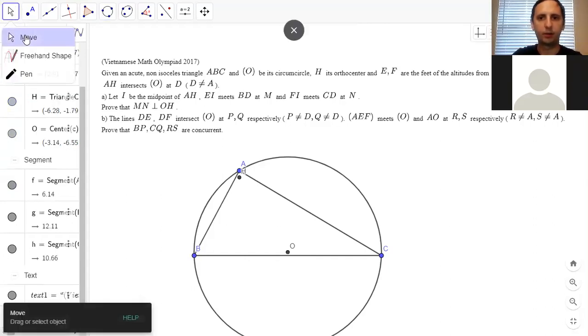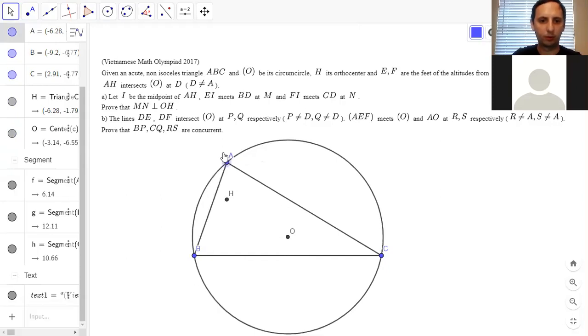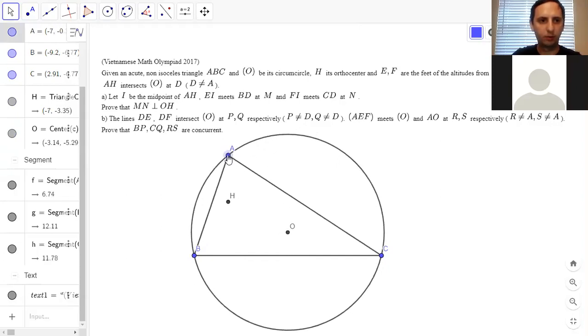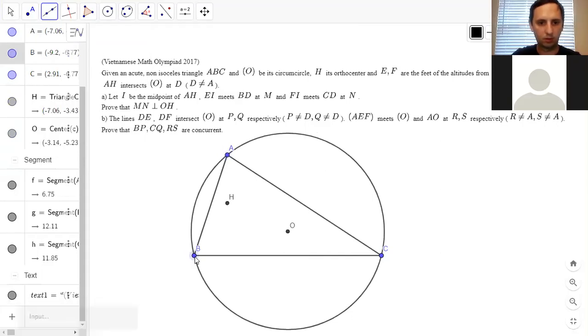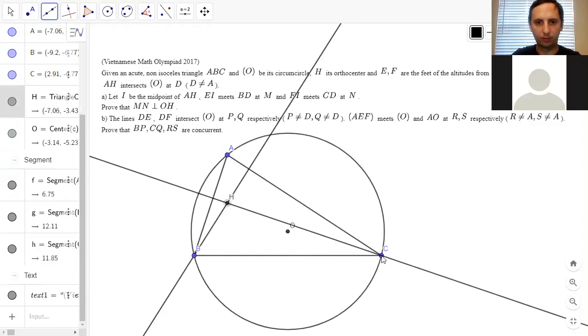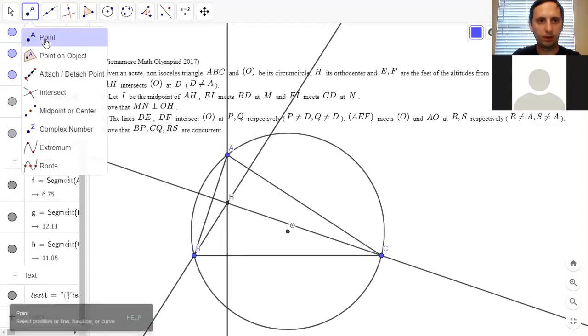Oh, they say E and F are the altitudes from B and C. Okay. So I'm going to want to draw those altitudes. And I might as well also draw the one from A. So E and F. What is D?